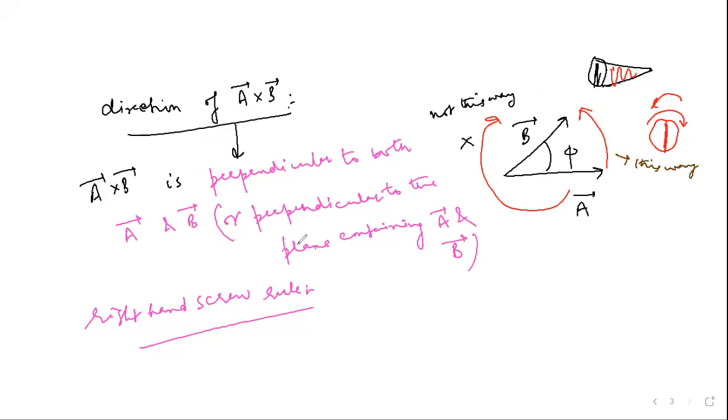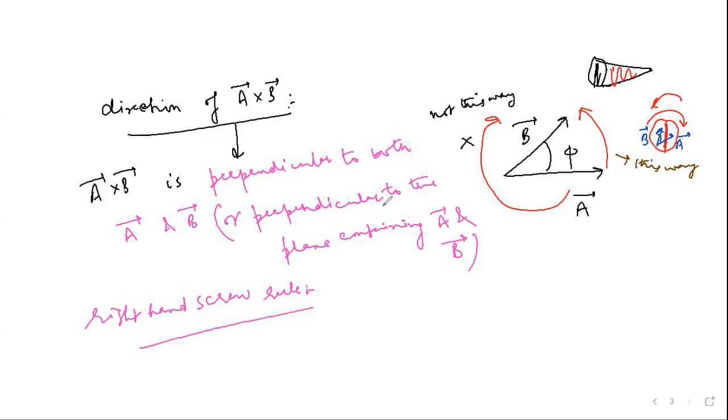So if you have to find the direction of A cross B vector, assume these two vectors are on the face, the plane of this screw. I will use some color. Assume these vectors are this way on this face. This is your A, this is your B, at this angle.